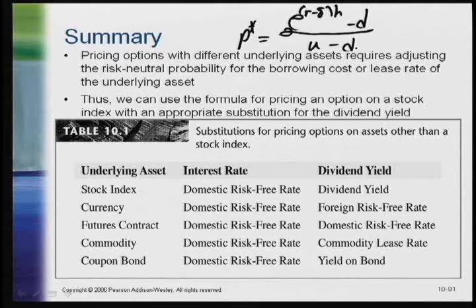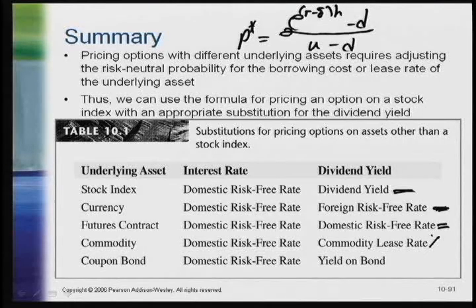And what this table is suggesting is that you can use this formula for other securities, where for a stock index the delta is just the dividend yield. For a currency, I can use that formula but make the delta equal to the foreign risk-free rate. On a futures contract, I make the delta equal to r.